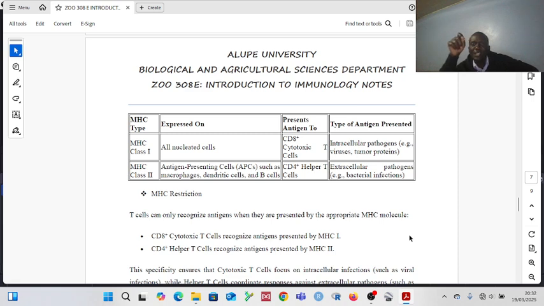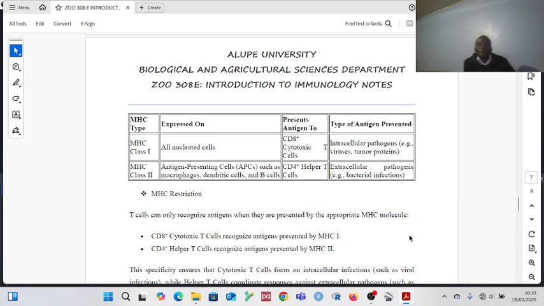The MHC class 1 deals mainly with intracellular pathogens, what is found inside a cell. So it presents antigens to CD8 cytotoxic cells. The type of antigens that are presented to the CD8 are intracellular pathogens. So you are talking of viruses or other tumor proteins.